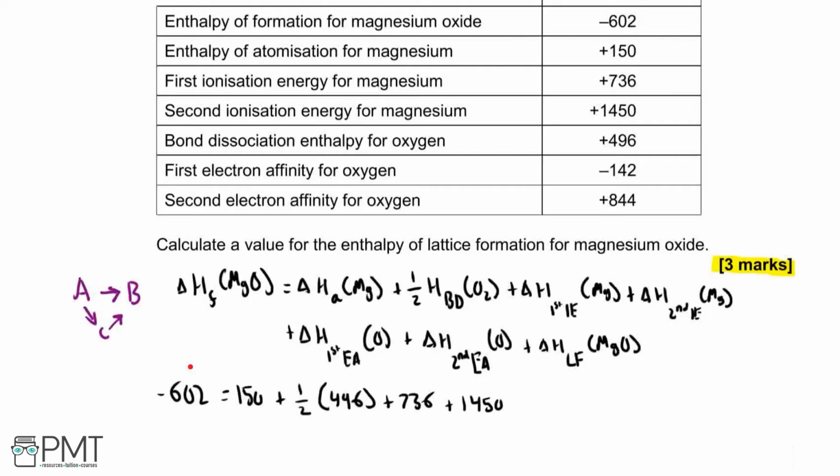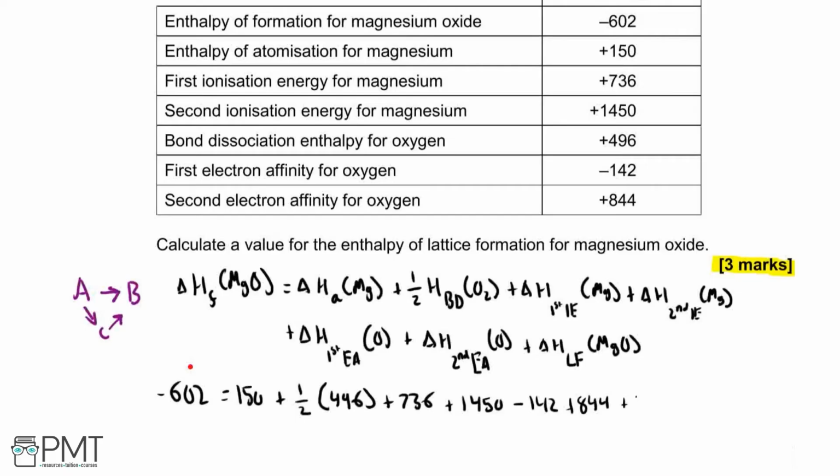Then we're going to add our first electron affinity for oxygen. We need to be careful though, because this is a negative value, so that's actually going to be minus 142. Then we're going to add our second electron affinity for oxygen, so this is plus 844.